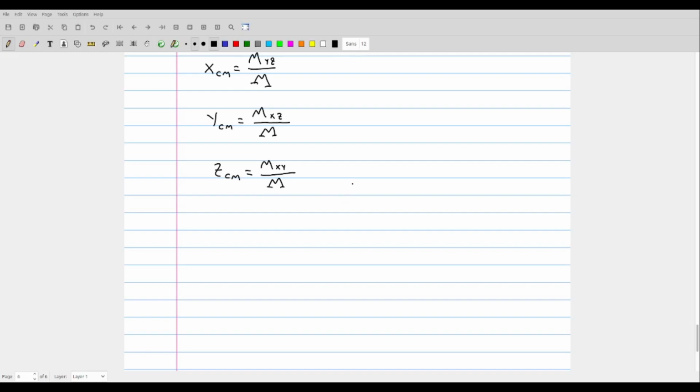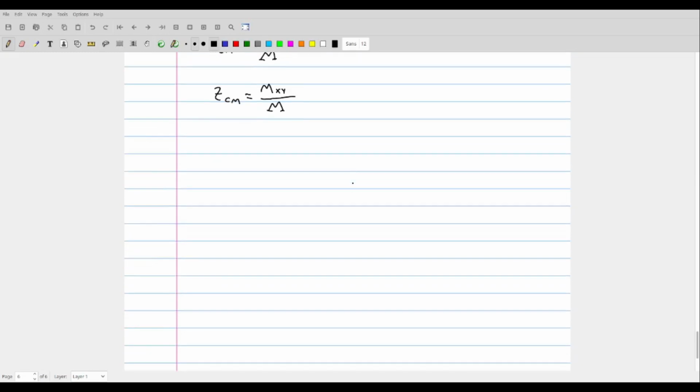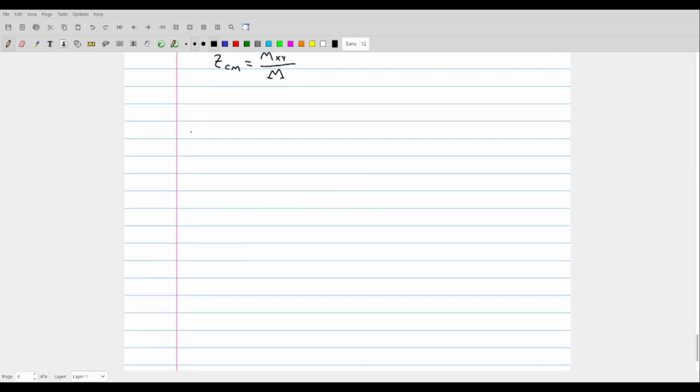So we already have m, the total mass, and we have very nice triple integral formulas for each one of these expressions, all of the first moments.